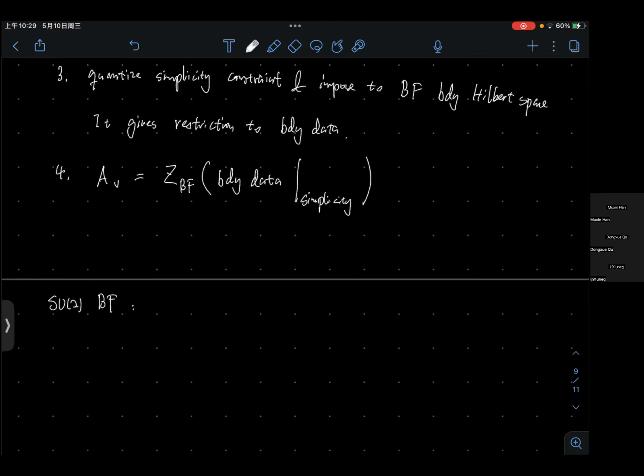We know the vertex amplitude is just the 15J symbol, a spin network with 5 intertwiners, J1, J2, and so on.